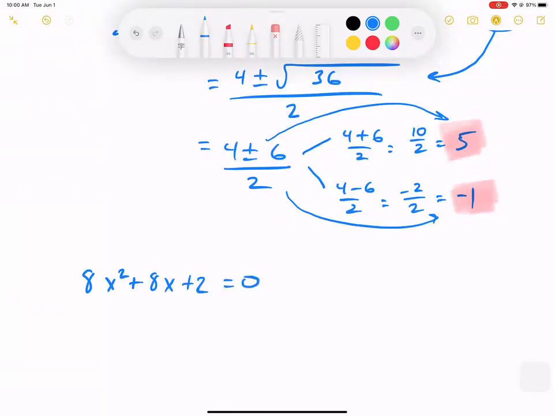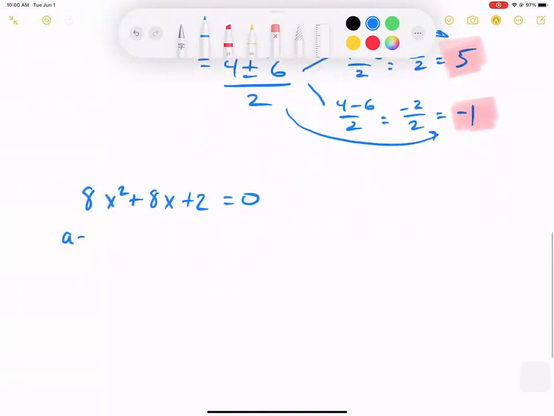Now this problem, we could try factoring out the 2, but the thing about the quadratic formula is that you don't need to do anything special. We just have to set up our a's, our b's, and then our c's.